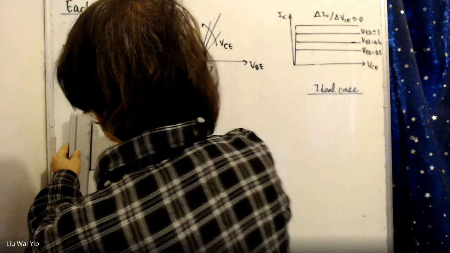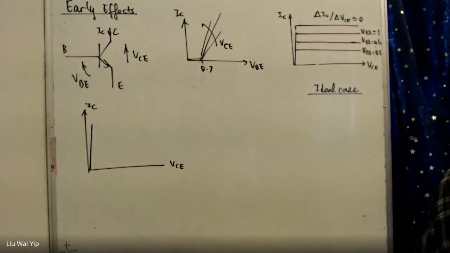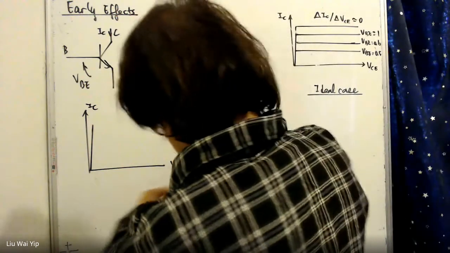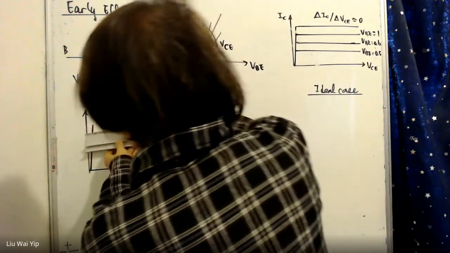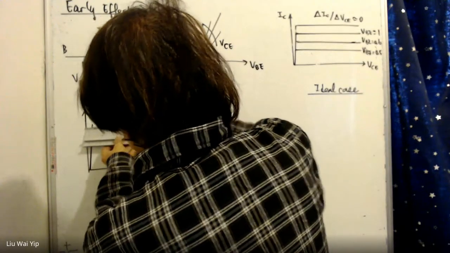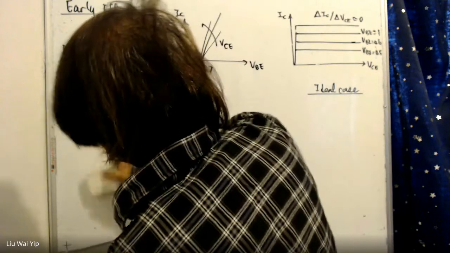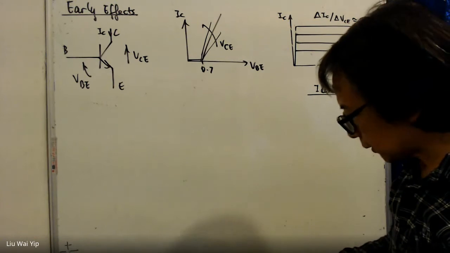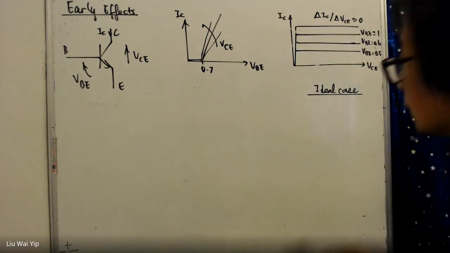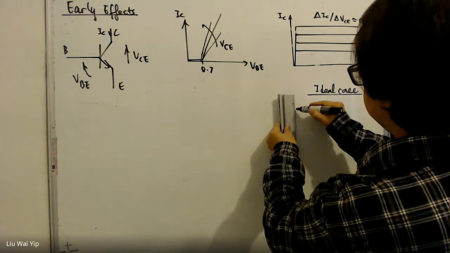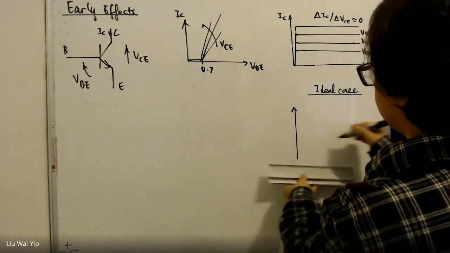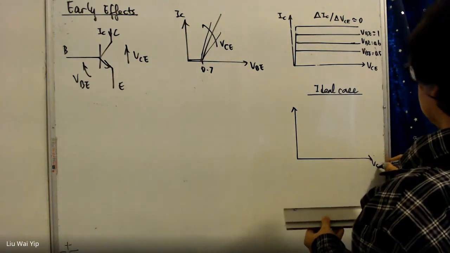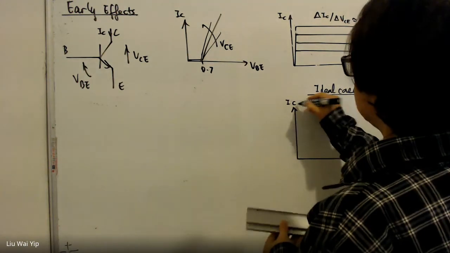Originally, you want it to be ideal. This means originally, you have something flat in this region, very, very flat. I'm sorry, I should draw the graph in here. I don't have enough space there to analyze it. So, VCE, and then IC.